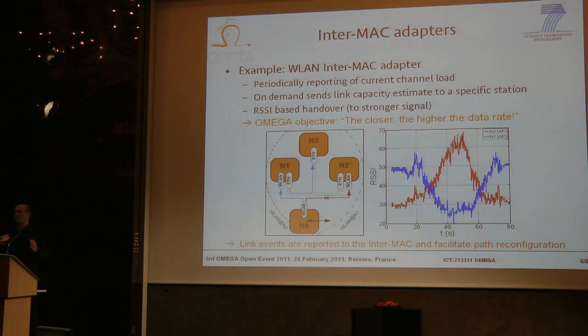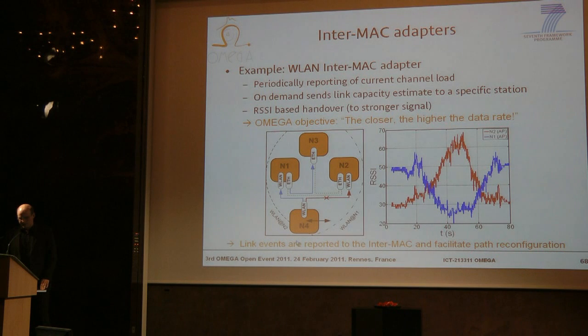When you move away from this station, and maybe another access point is located next to you, maybe in another room, you can move to this, and based on the information from the InterMAC adapter, it is possible to recognize that there is an access point with a higher received signal strength indicator, and so you perform intra-technology handover.